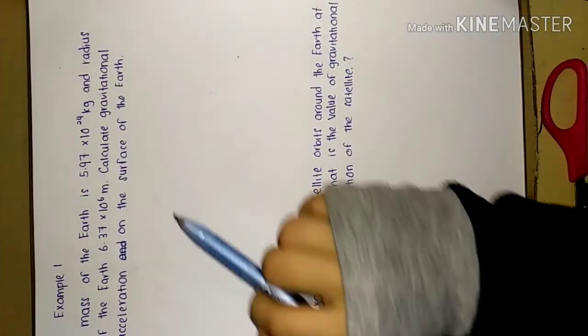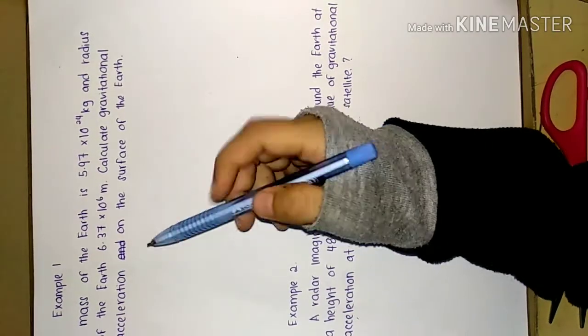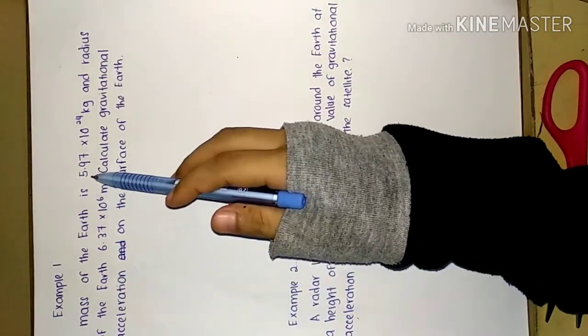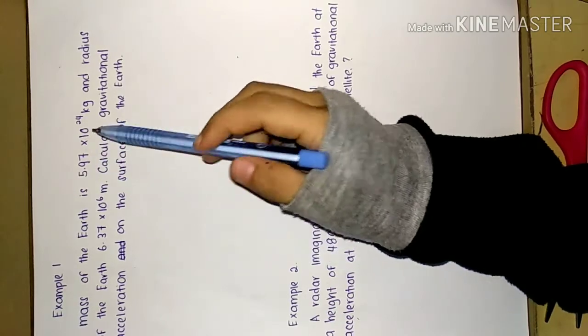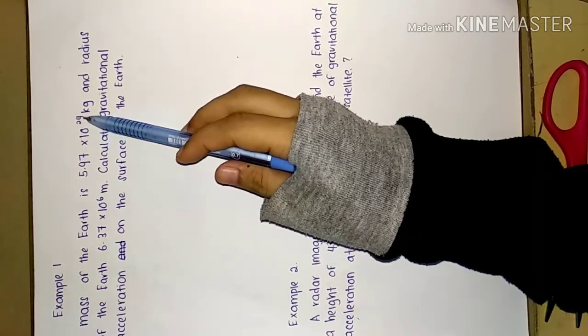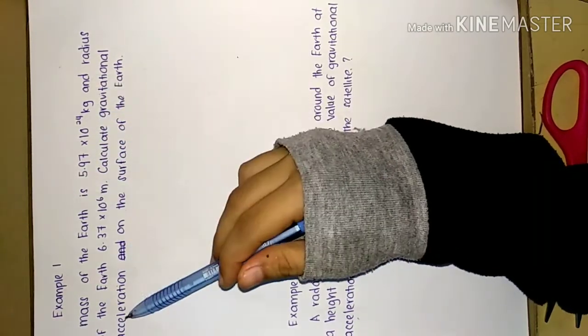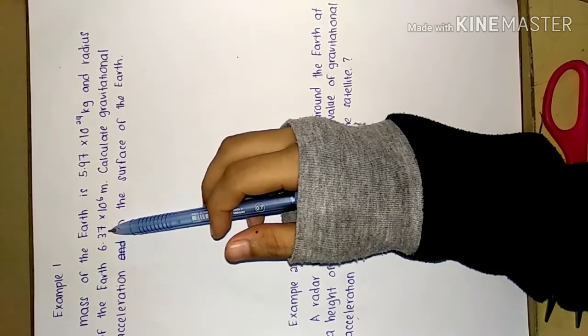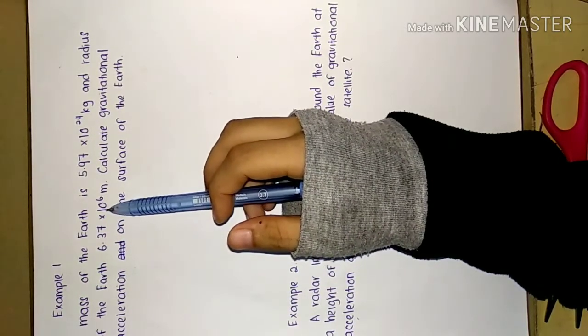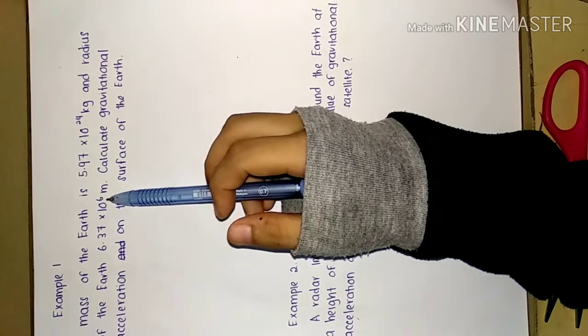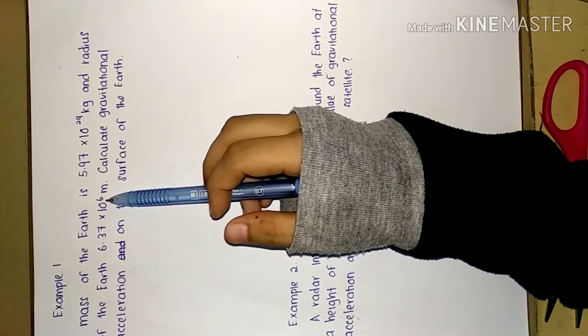Let's do an example. The mass of the Earth is 5.97 × 10 to the power of 24 kilograms, and the radius of the Earth is 6.37 × 10 to the power of 6 meters.